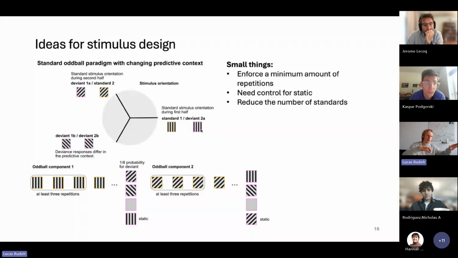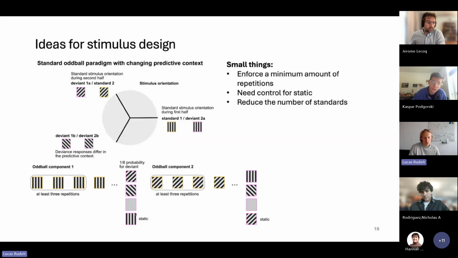If one varies both, then one can check whether the responses during the deviant are driven by one particular stimulus or by the predictive context. So I think it's very nice to have both: 2 different deviants, but also switching the deviant and standard.